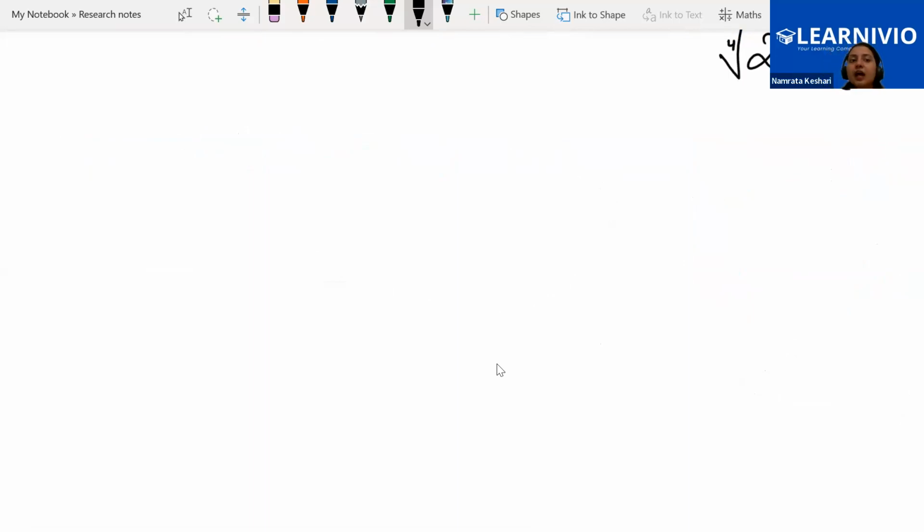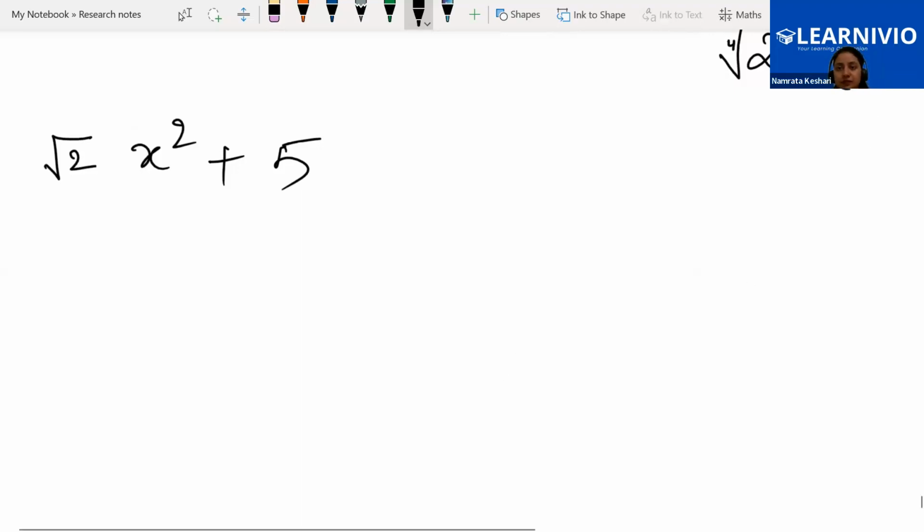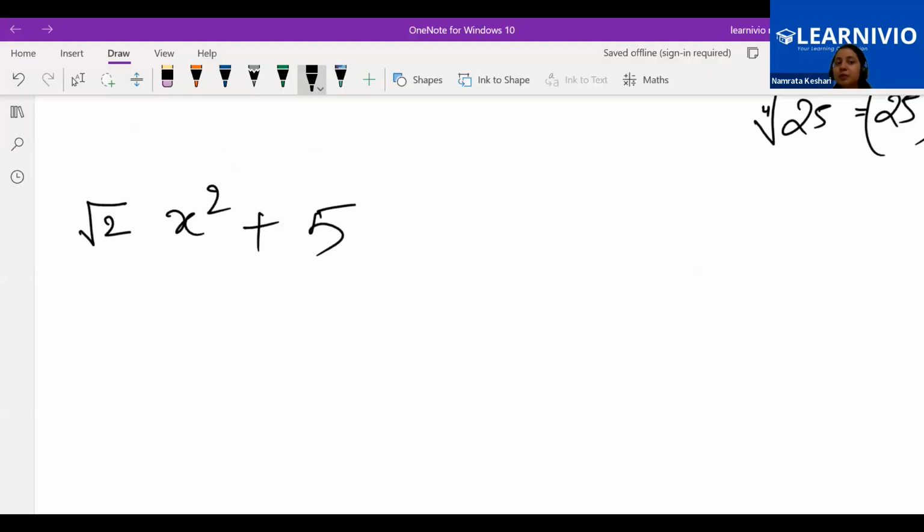Now you tell me, if we have root 2 x square plus 5, is it a polynomial? No. Why? Because it's root 2. I said that the exponent of the variable has to be a whole number.